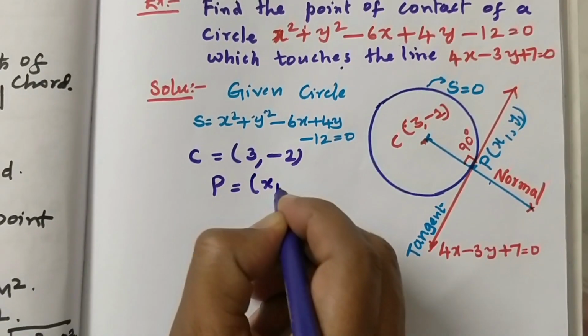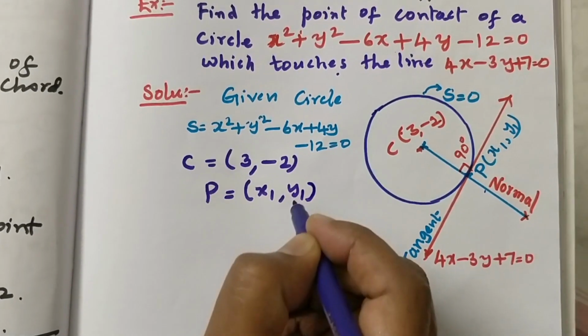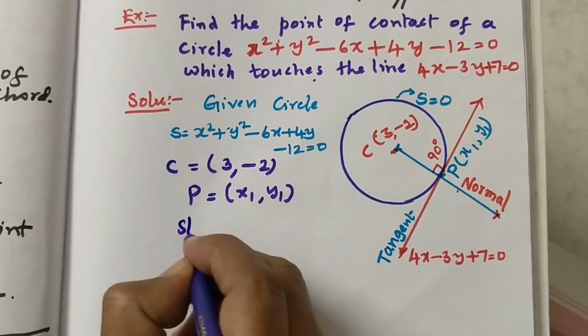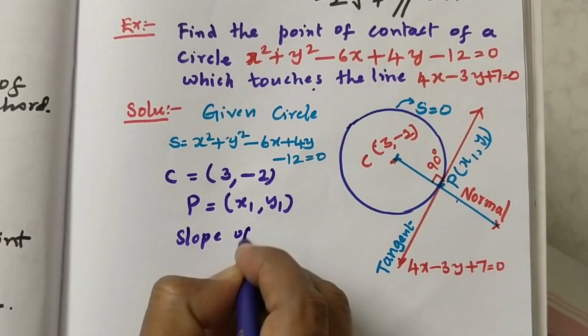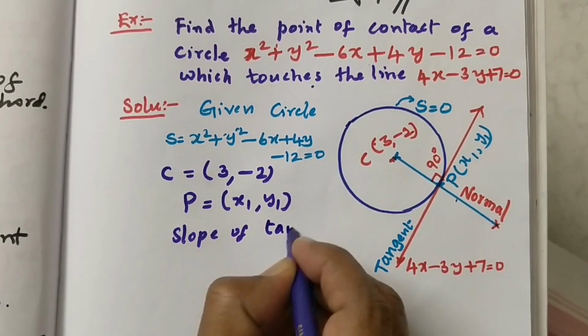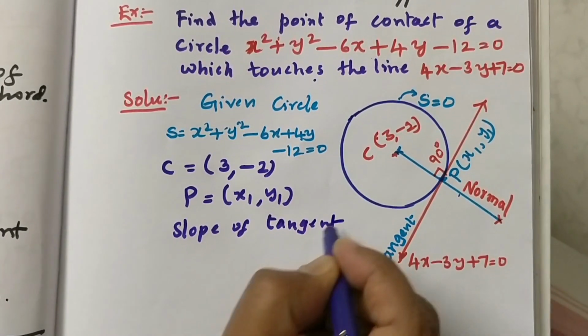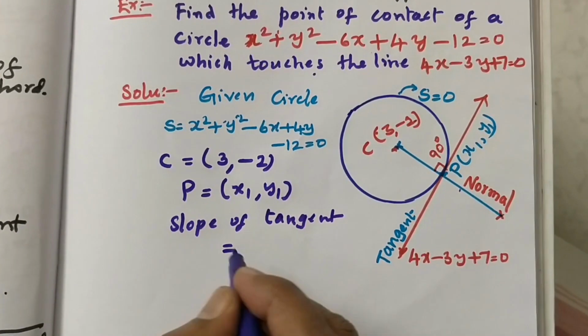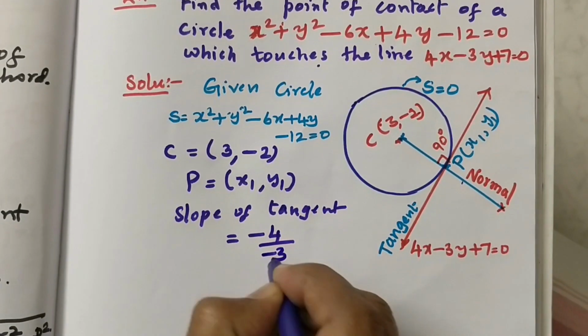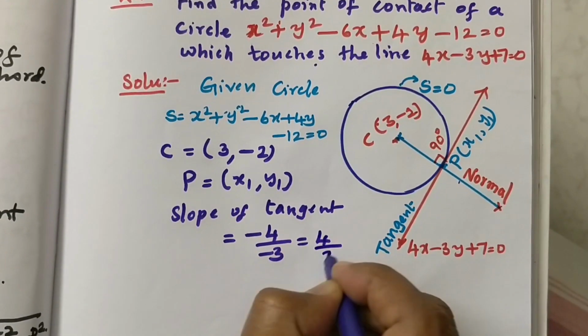The slope of the given tangent line is equal to minus a by b, that is minus 4 by minus 3, is equal to 4 by 3.